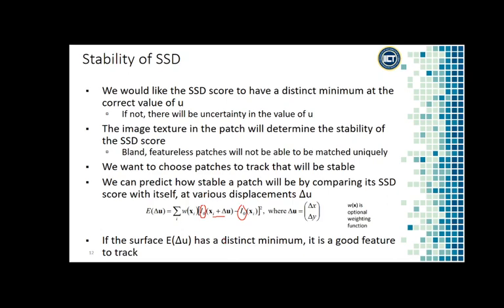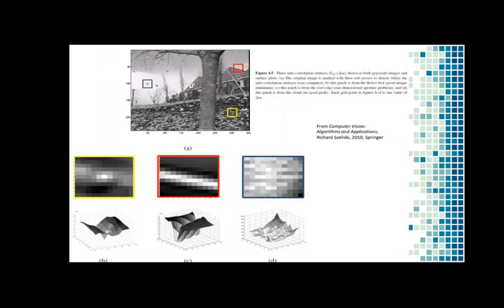And what I mean by distinct minimum is, let's say, consider this blue patch. Now it's a kind of homogeneous region, right? There is no change, no apparent gradients in this image. All these regions are quite similar to me. There is no distinct pattern to it.